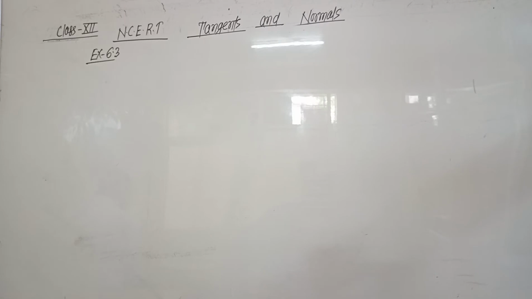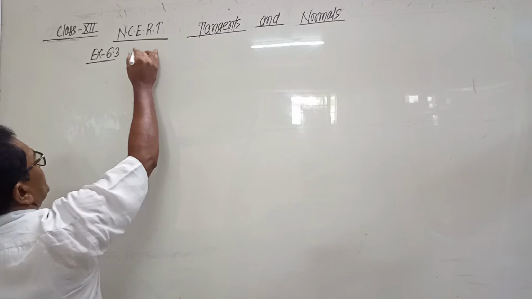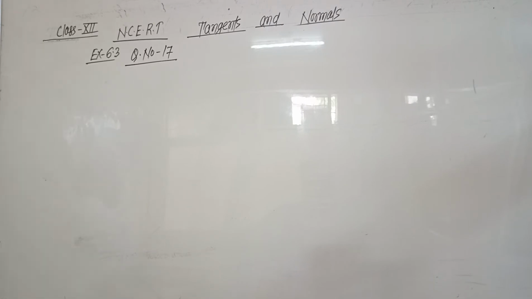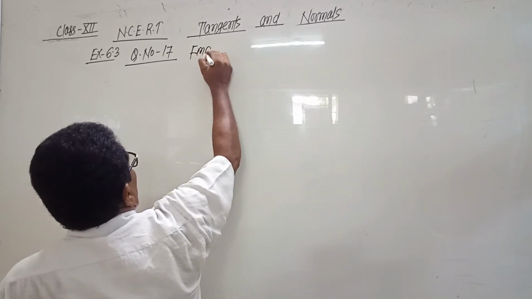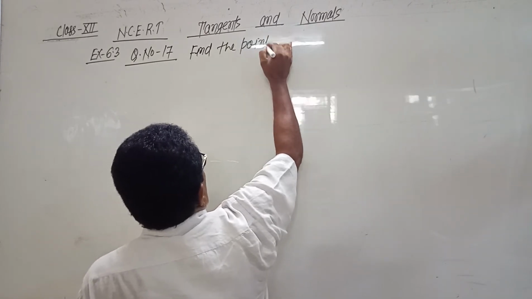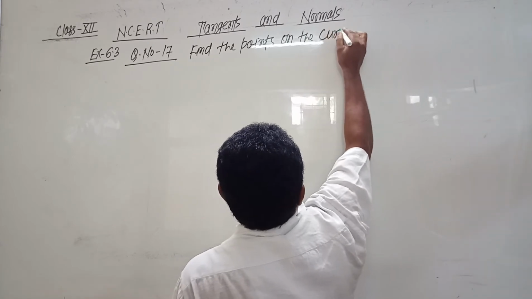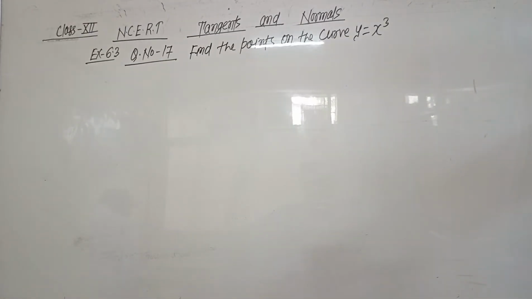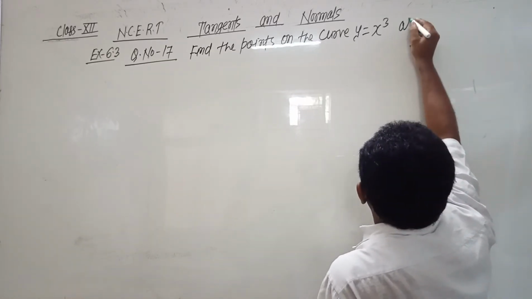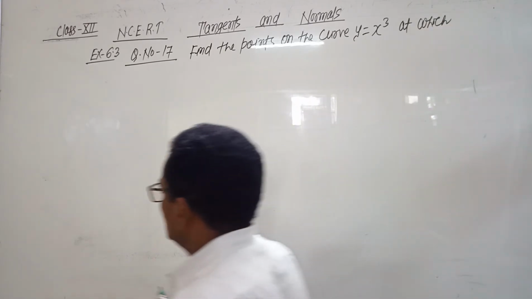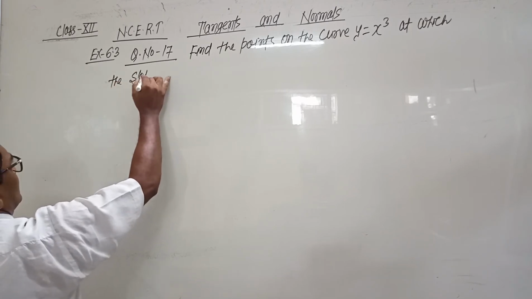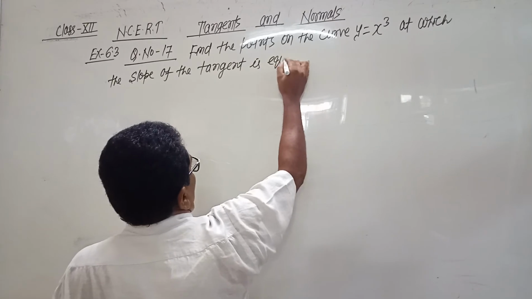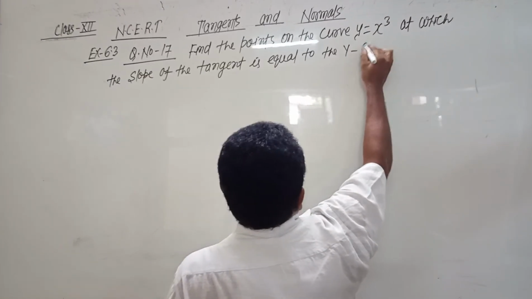Question number 17. Find the points on the curve y equals x cube at which the slope of the tangent is equal to the y coordinate.